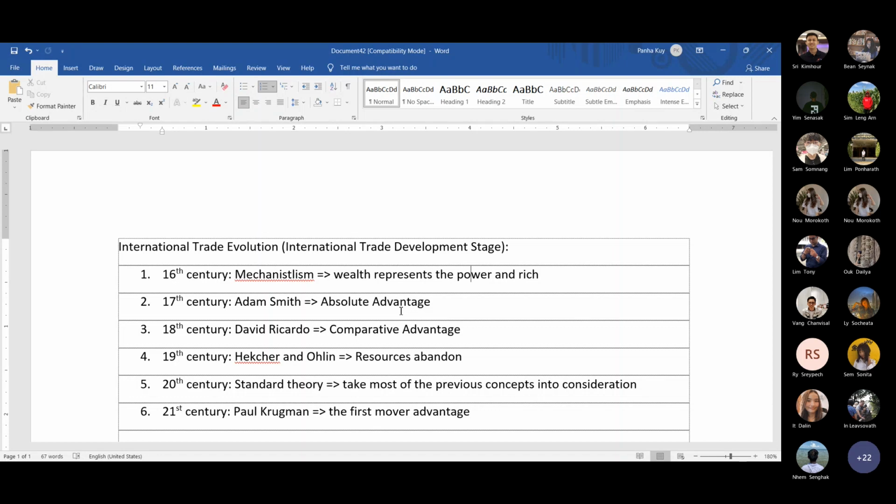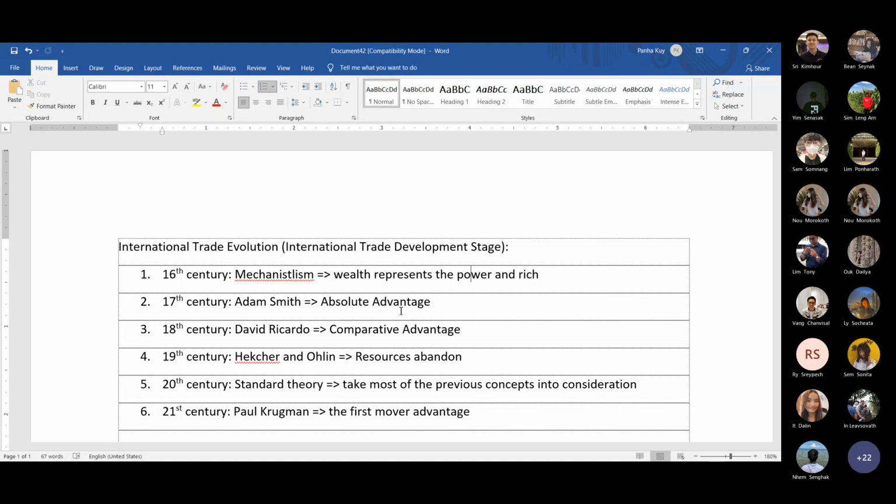For example, if we have 100 products and the developed country already has absolute advantage in 90 of them, only 10 products can be considered for trade. So ideally, the trade volume is very small. And then David Ricardo says we cannot just look at the absolute advantage. We need to look at the comparative advantage.